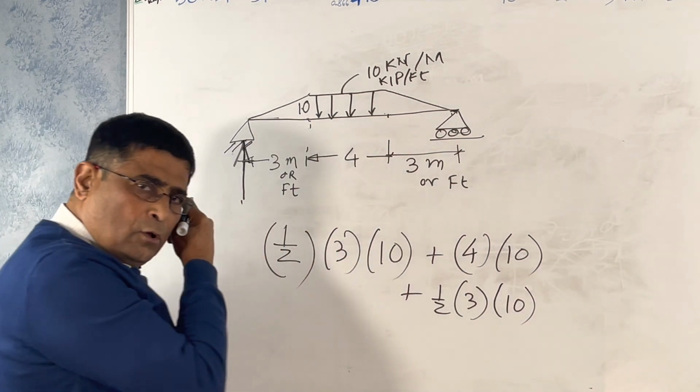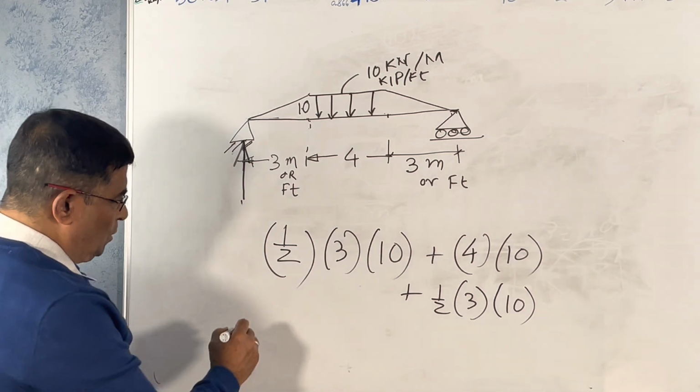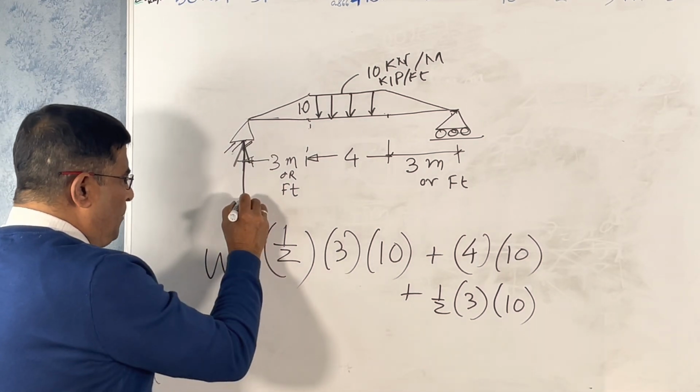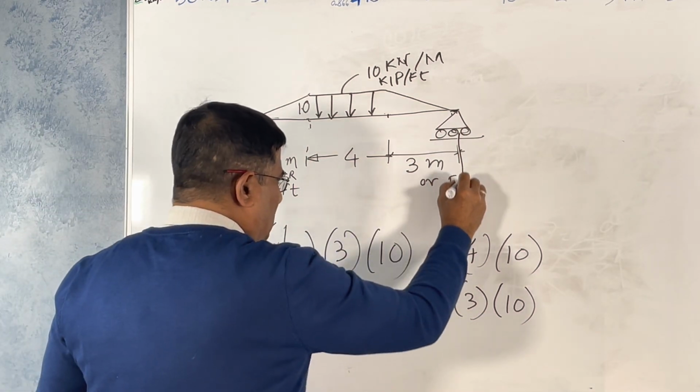So this is the total load. Half will go here, half will go there.